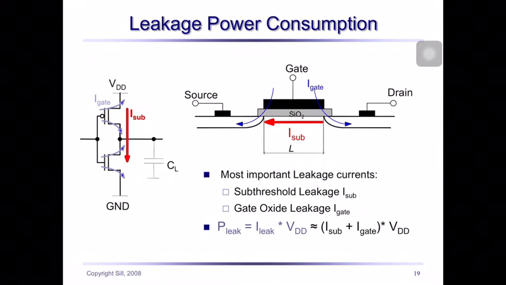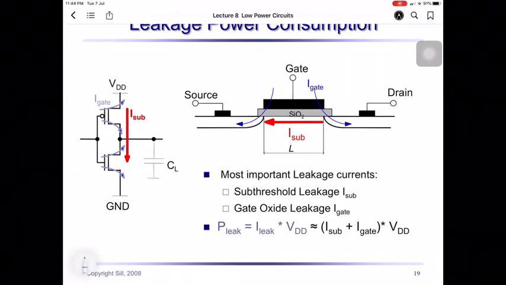Subthreshold leakage is actually the small amount of current that can go through, or the small current that passes from the drain to the source here when the voltage is below the threshold value.